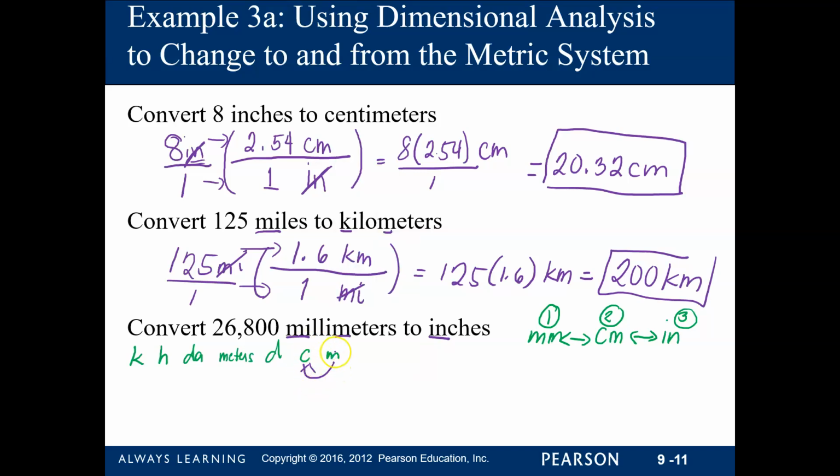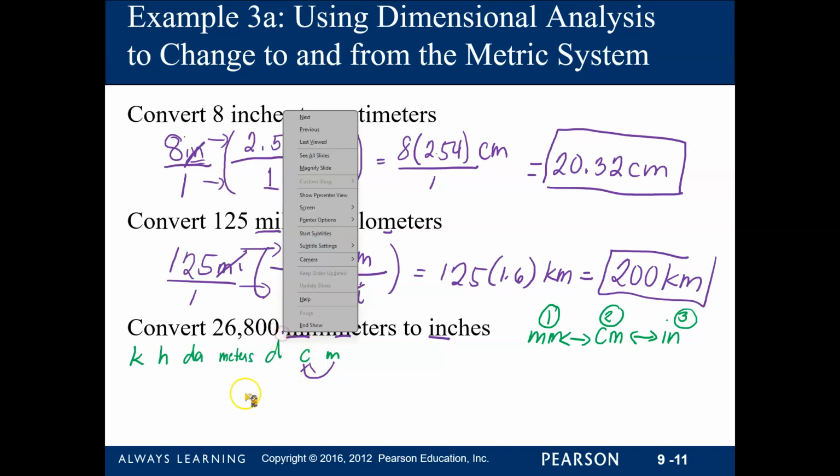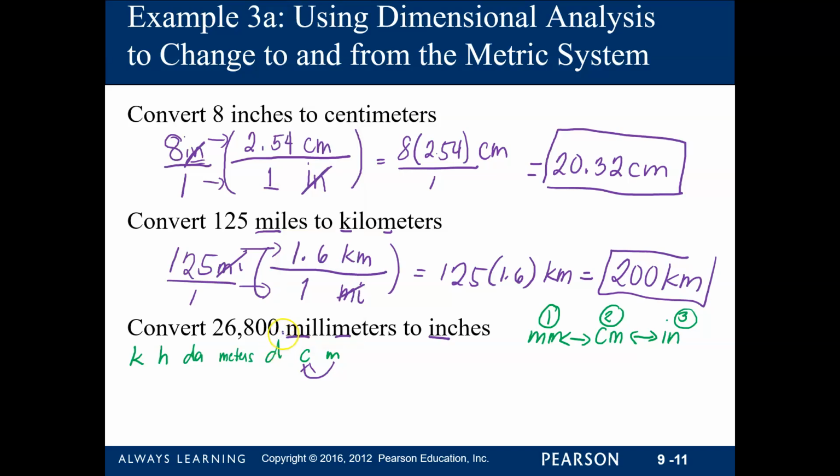So the decimal point here at the end, after the 0, we need to move 1 decimal place to the left. So 26,800 millimeters is actually 2,680 centimeters. This is now in centimeters.